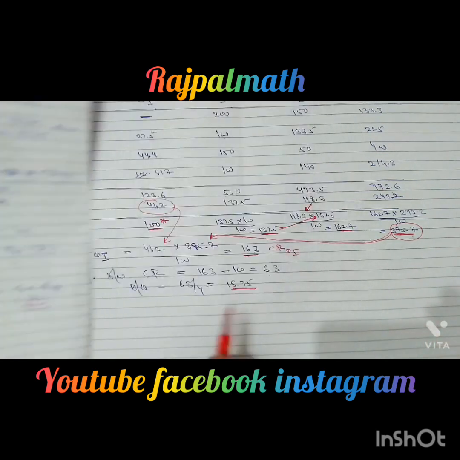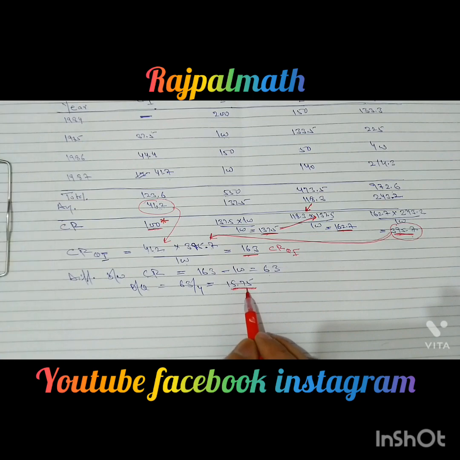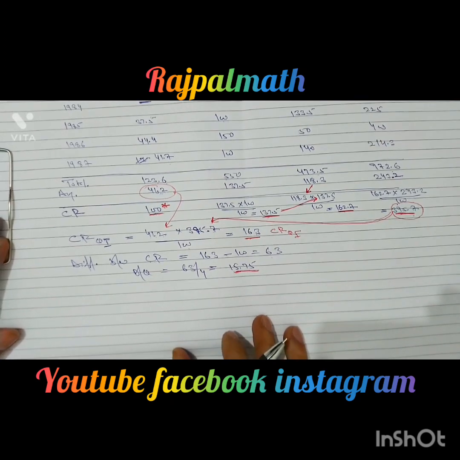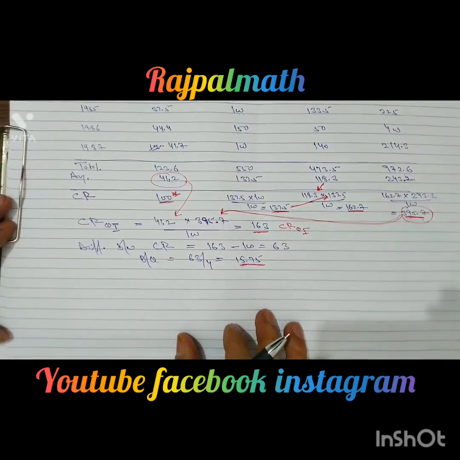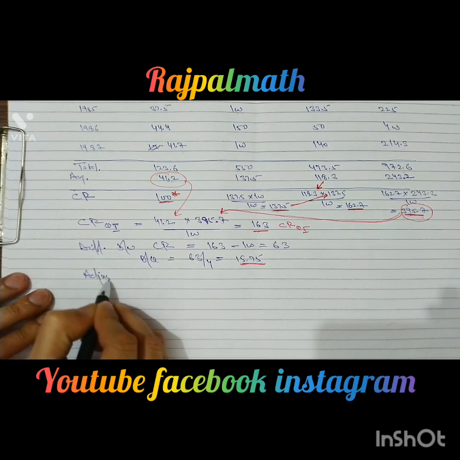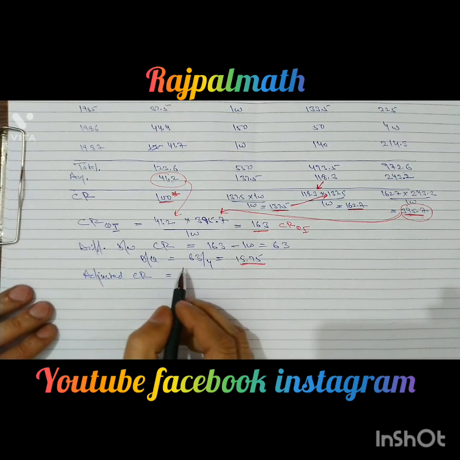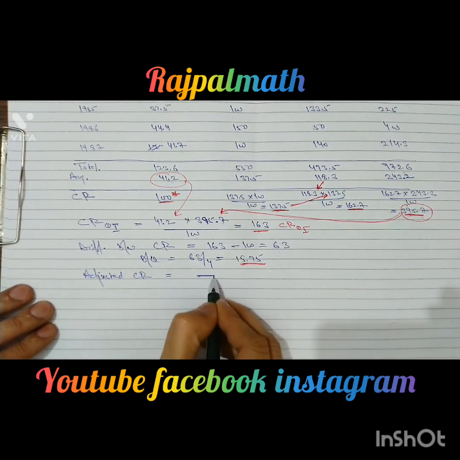Simple. The step number 7 answer was 15.75. Adjusted CR means adjusted chain relative value. For the first quarter it is a dash.